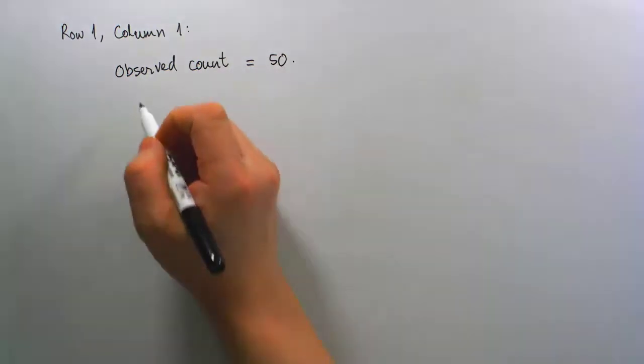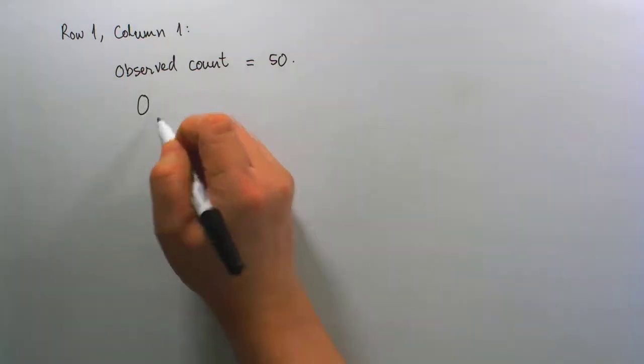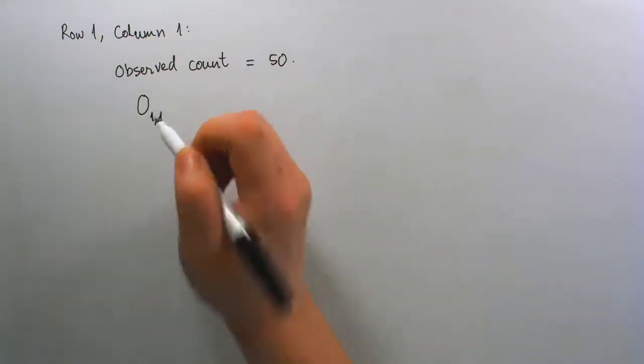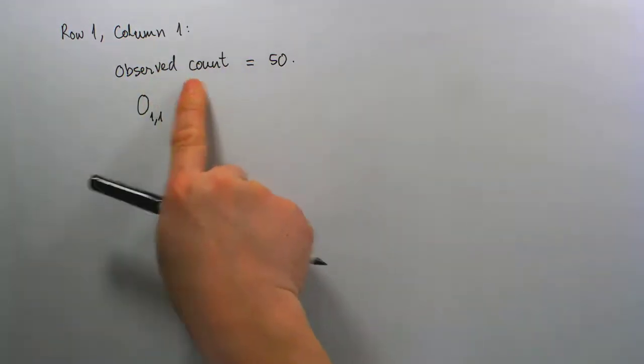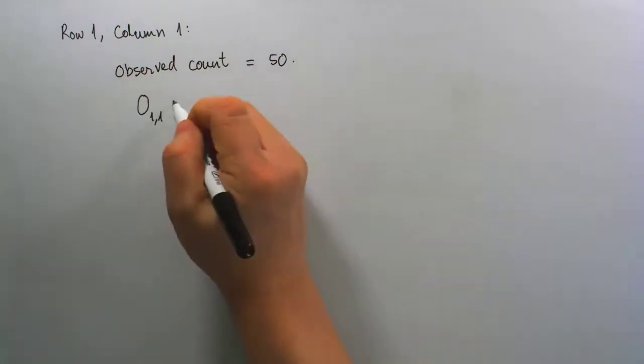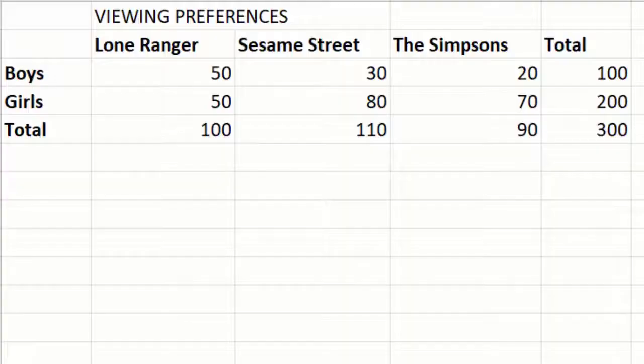For our convenience, we use the symbol capital O with the subscript 1, 1 to indicate observed count in row 1, column 1. So observed count in row 1, column 1 currently is given as 50. And that's what's indicated here. The same with any other row and column. Row 1, column 2, for example, we're now looking at O12 equals 30.